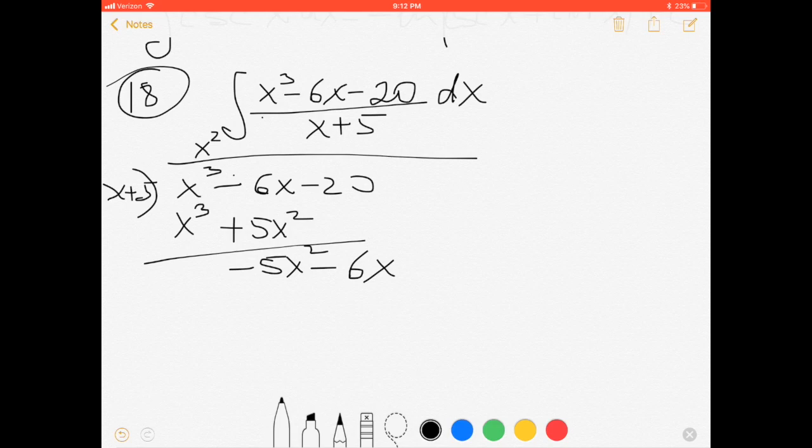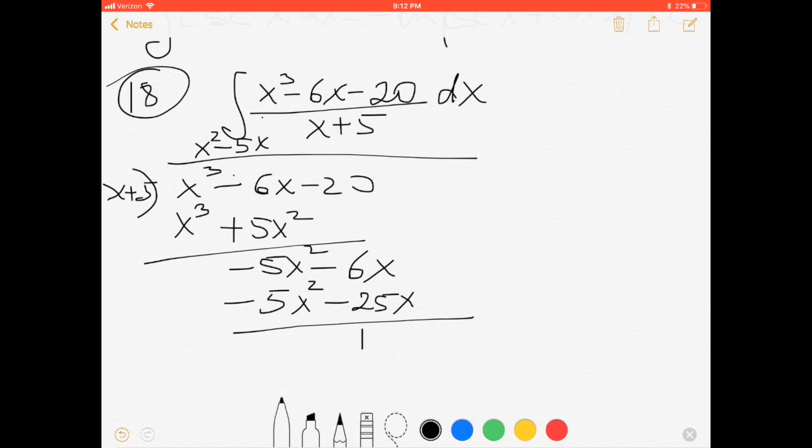I need to multiply by negative 5x, giving negative 5x squared and negative 25x.